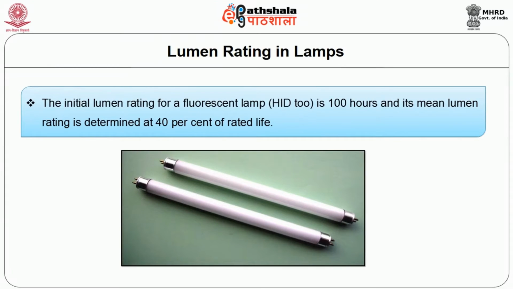The initial lumen rating for a fluorescent lamp, even HID, is at 100 hours and its mean lumen rating is determined at 40% of rated life. So, after that period, one can expect the lamp's performance to be low. Labels on all packages will give you such necessary information.